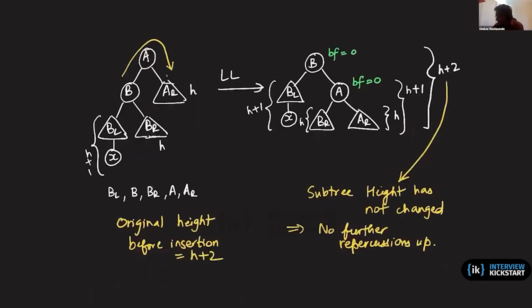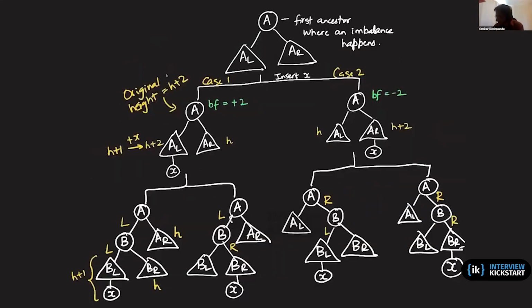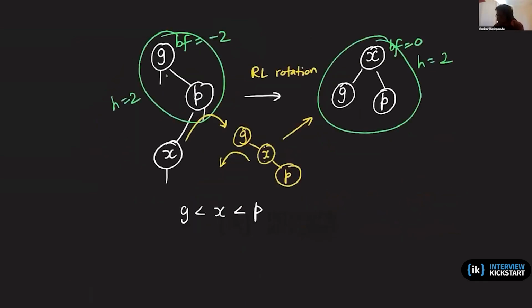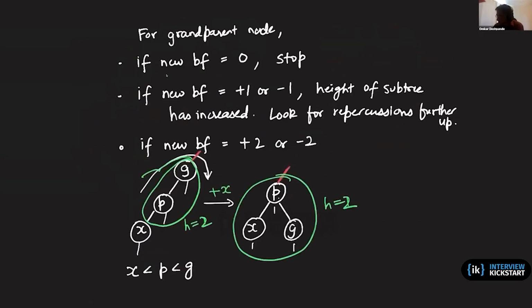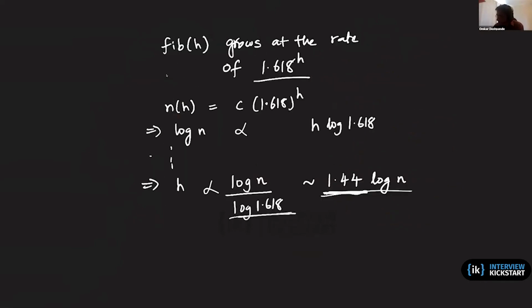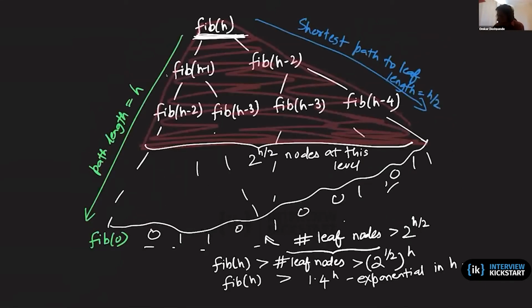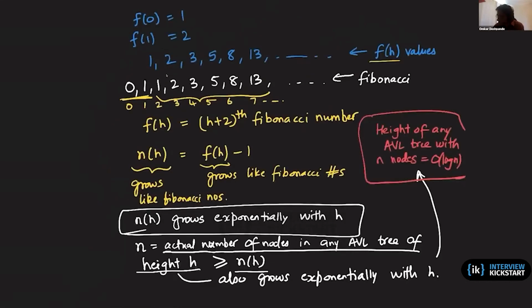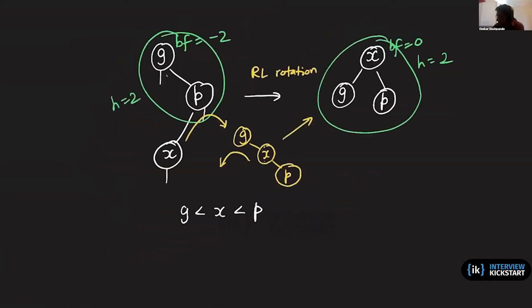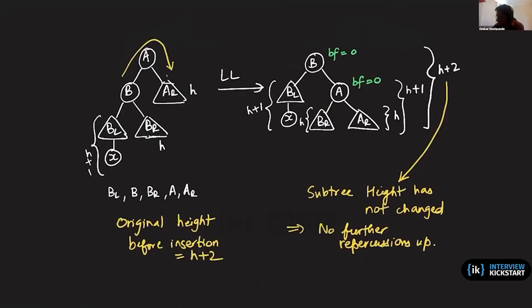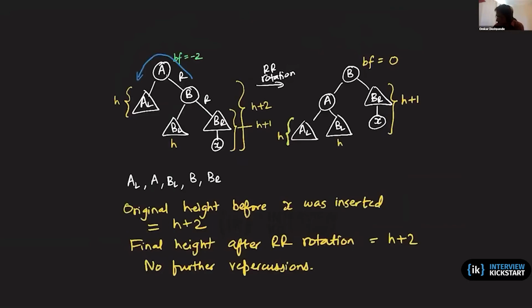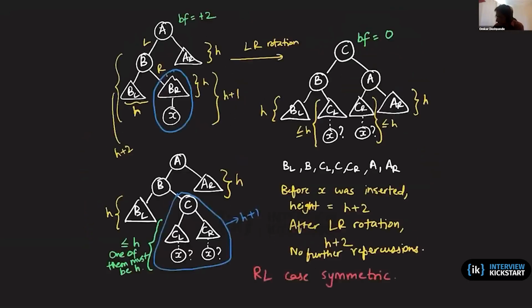Okay, so I'm going to take a break, but I just want to first summarize that insertion overall is taking order of the height time, and because the height of the tree is guaranteed to be order log n as long as the AVL property is satisfied, and we are ensuring that by making sure the branching factors are fine after all these rotations.